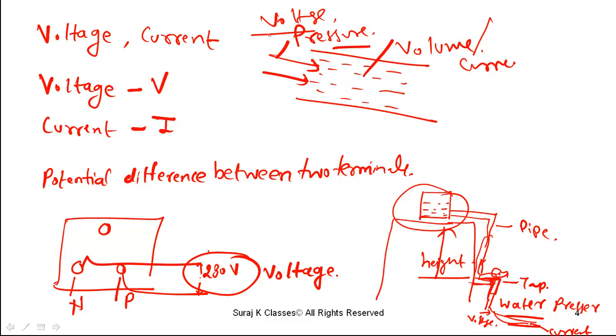Now you may think why we are keeping only 230 volts. There is no solid reason behind this. This is just the standard, the optimum level of voltage that is required for the operation of the equipment with better efficiency. That was discovered a long time back, and scientists have done so much research on this.